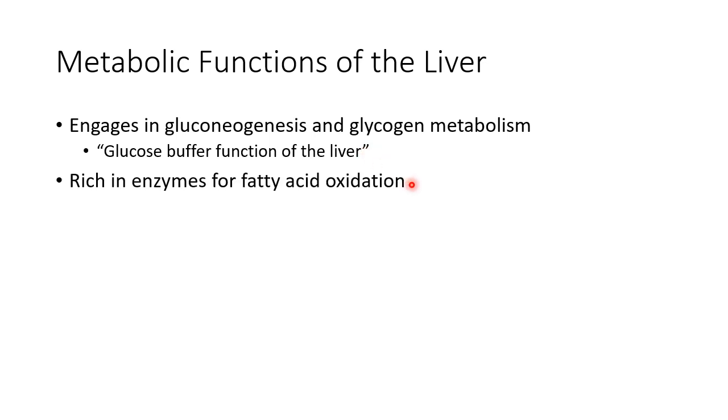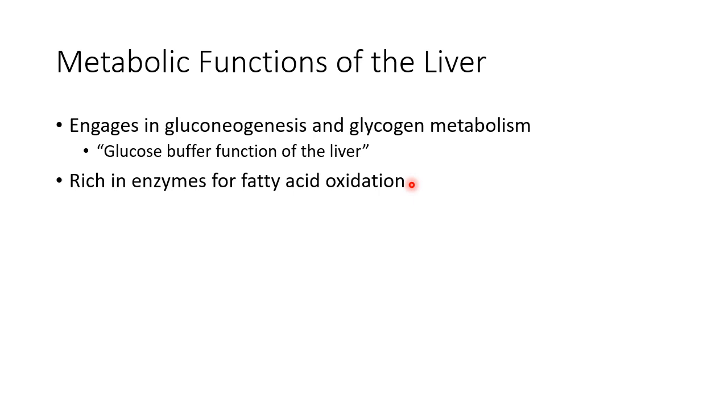The liver is rich in enzymes for fatty acid oxidation, so enzymes for lipolysis. If you will remember your biochemistry, the free fatty acids that have been released from the adipocytes by the action of hormone-sensitive lipase activated by epinephrine will cause an increase in free fatty acids in the blood.